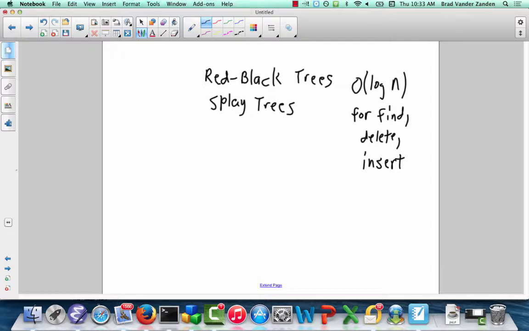Like AVL trees, you'll find that red-black trees maintain a pretty strict balance condition. You'll find that splay trees relax the balance condition, which allows the code for splay trees to be simpler and, I believe, on average more efficient.